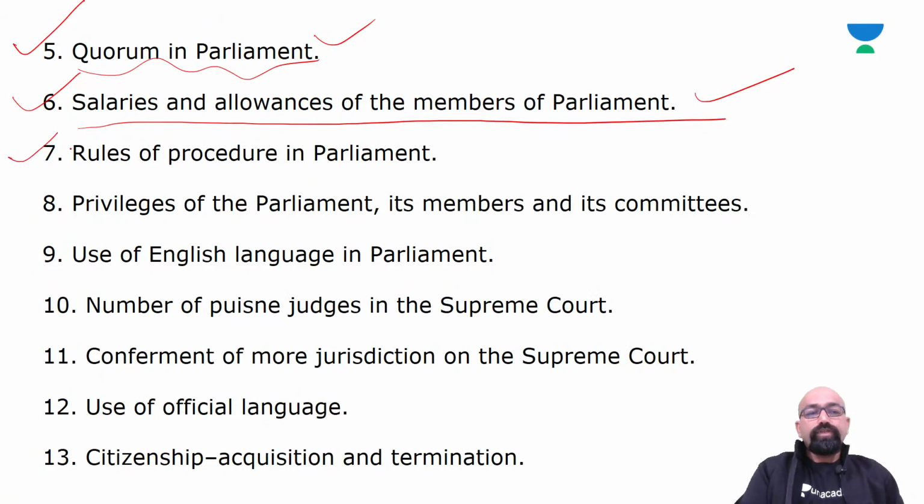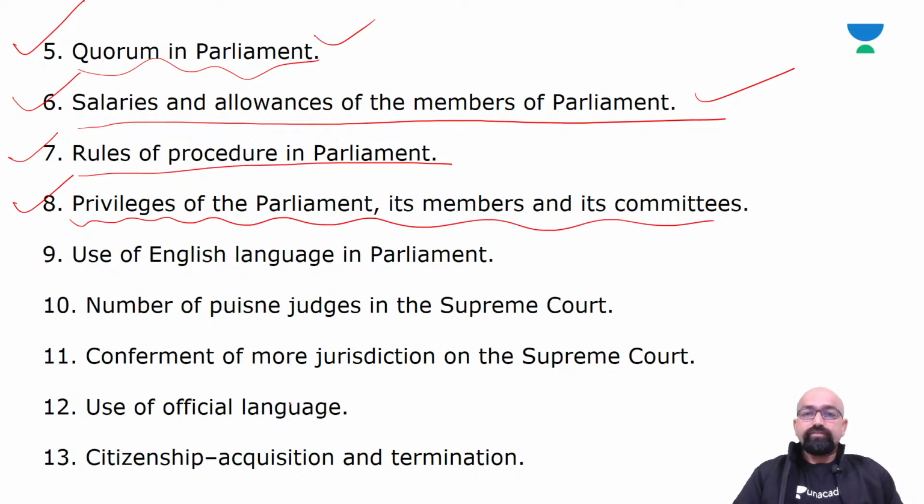Next provision is rules of procedure in Parliament, that is, norms and regulations or rules related to conduct of day-to-day business of our Parliament. Next provision is privileges of Parliament, its members and committees, which can be amended through this simple majority.